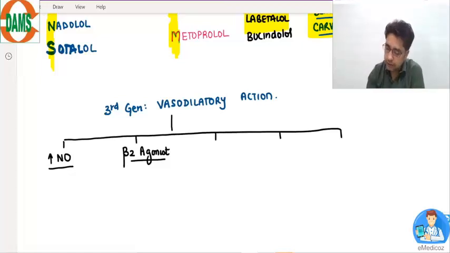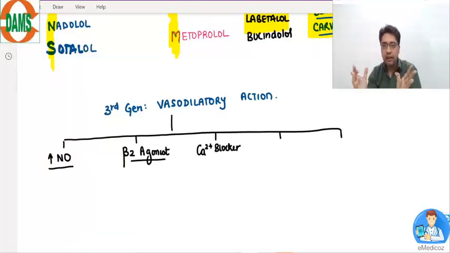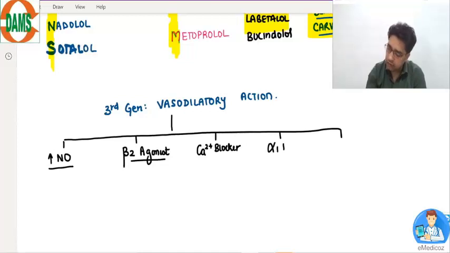Certain beta blockers are calcium blockers. You know that calcium is required for muscle contraction, so calcium causes vasoconstriction. Then certain beta blockers are also alpha 1 blockers. You know that alpha receptor causes vasoconstriction.